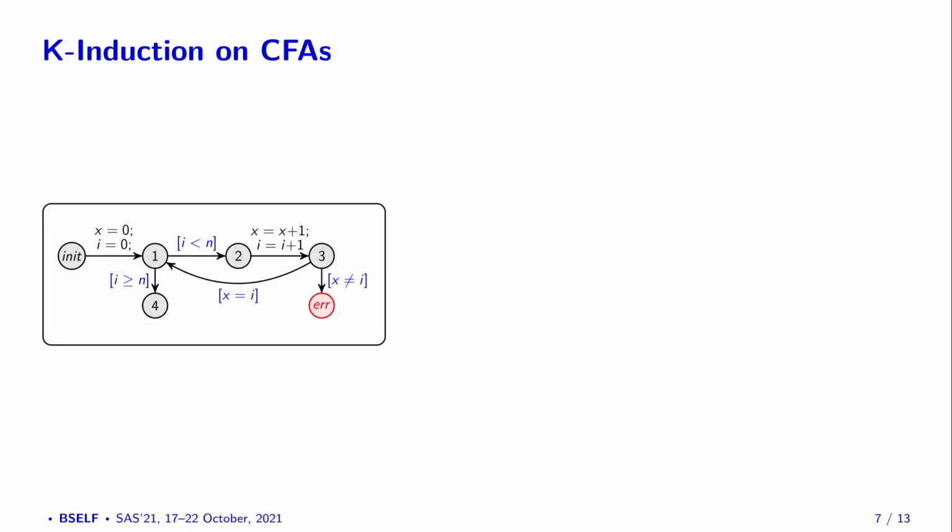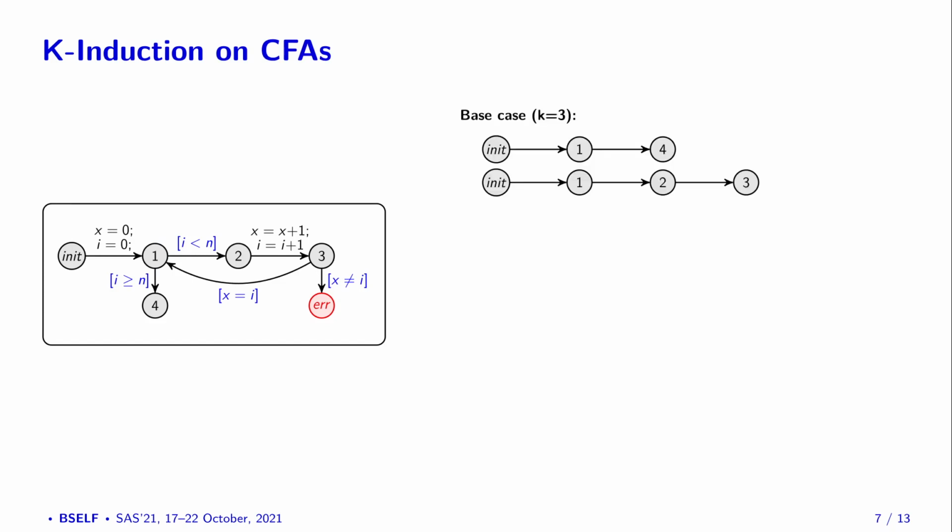We can transfer this scheme also to paths of control flow automata. Here, in the base case, we check all the paths of length maximally k, in our example k being 3. Since none of the paths in this automaton of length maximally k ends in the error location, these paths are trivially safe and the base case succeeds.